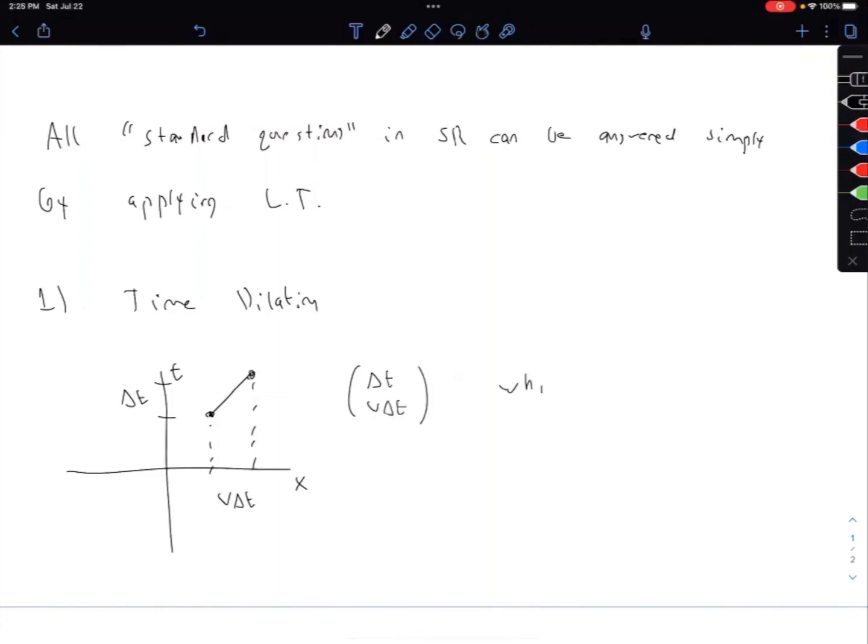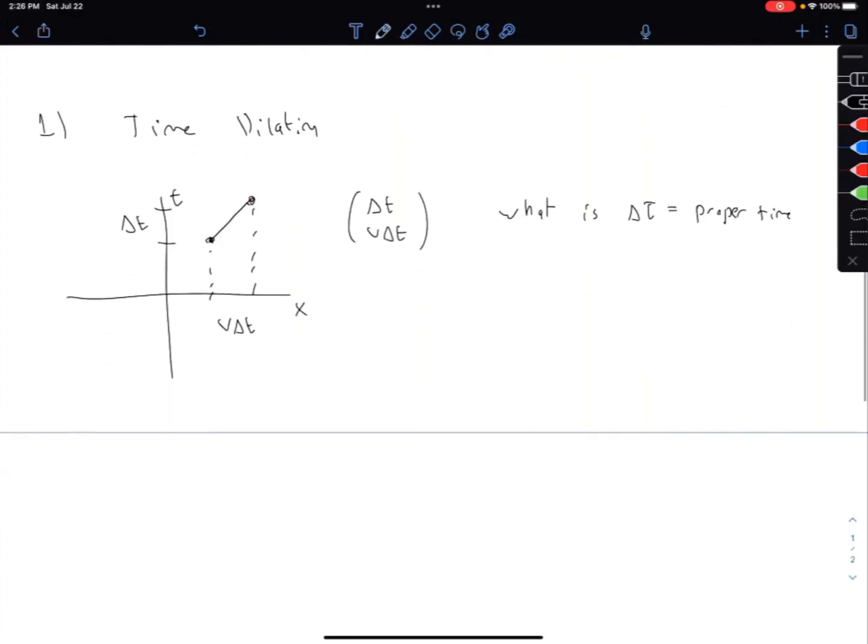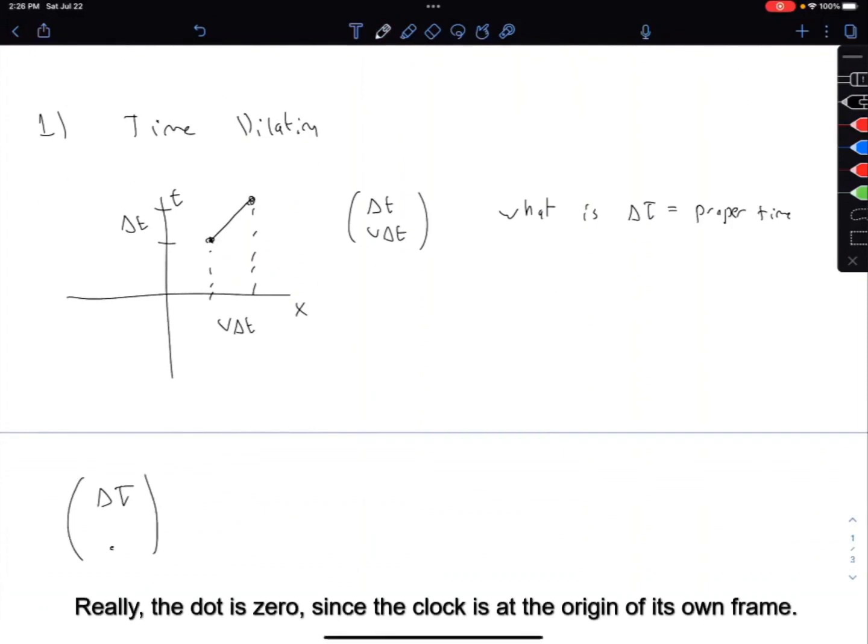Now I'd like to know what is delta tau, which is known as the proper time, which is the time that is read by the clock itself that moves along this path. And if I want to do that, all I have to do is apply the Lorentz transformation, right? And I can just do that by saying delta tau times t, and then a dot, because I really don't care what goes there.